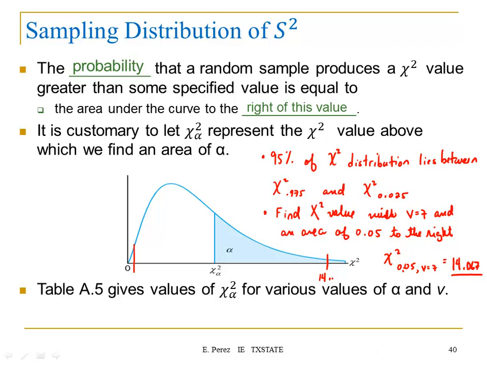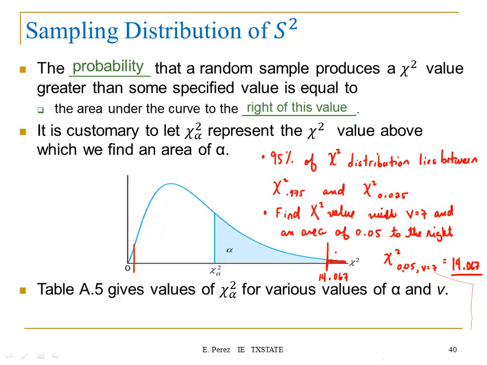So if you cut at 14.067, the area, or the probability, is 0.05. The probability is alpha, so the probability is 0.05.